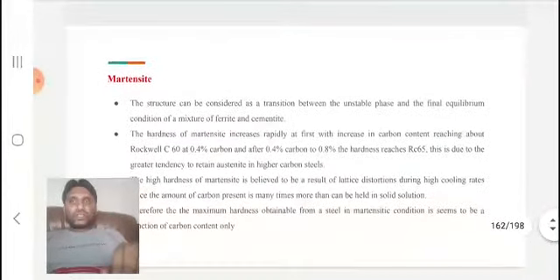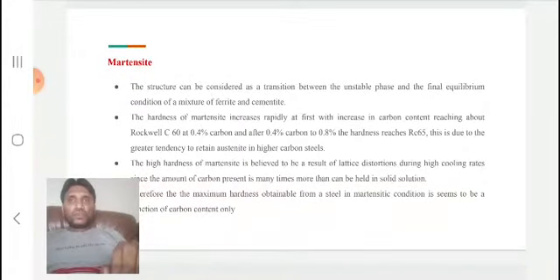The structure can be considered as a transition between the unstable and the final equilibrium condition of a mixture of ferrite and cementite. The hardness of martensite increases rapidly at first with increase in carbon content, reaching about Rockwell C60 at 0.4% carbon, and from 0.4% to 0.8% carbon the hardness reaches RC65.